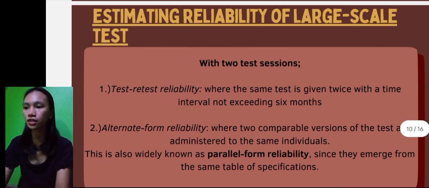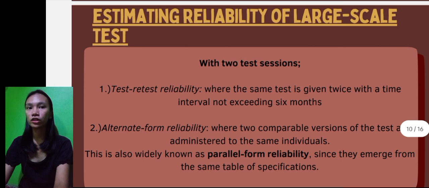So the next one is the alternate form reliability, where two comparable versions of the test are administered to the same individuals. This is also widely known as parallel form reliability since they emerge from the same table of specifications. So this alternate form reliability refers to a method of assessing the consistency of test results when two different but comparable versions of the same test are administered to the same group of individuals.